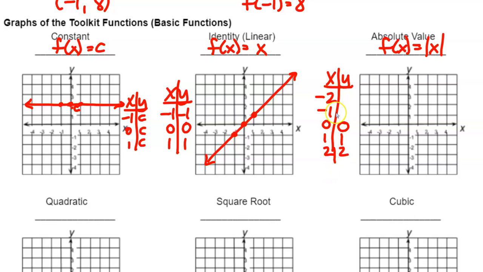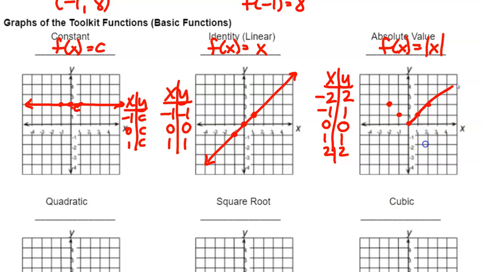Now, when I throw my negatives in there, if I put negative 1 in there, the distance between 0 and negative 1 is 1. It's not a negative 1. Okay, we don't talk about walking negative 5 miles. It does become positive. So if I throw negative 2 in there, then our output for the absolute value is 2. Now when plotting these points at negative 2, 2, negative 1, 1, 0, 0, 1, 1, and 2, 2, I get a V shape that is forming.